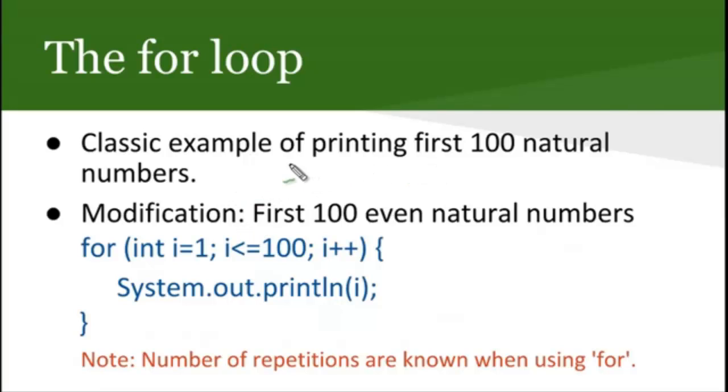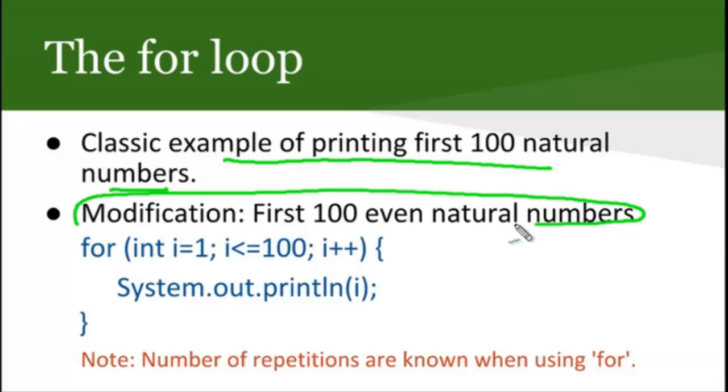So let us now have a look at an example of a for loop. The question is to print the first 100 natural numbers. And then we'll modify it to print 100 even natural numbers. So let us start with the first part, printing the first 100 natural numbers.